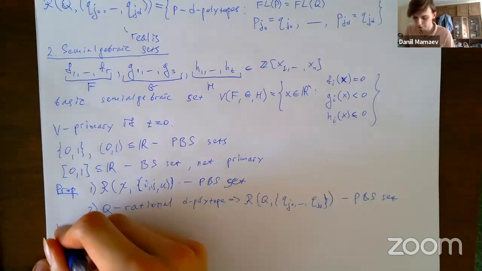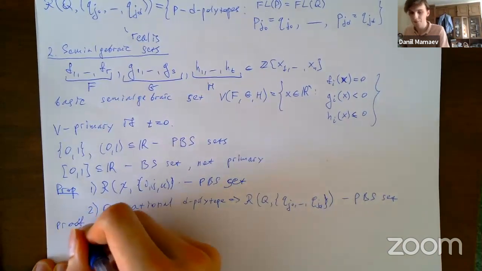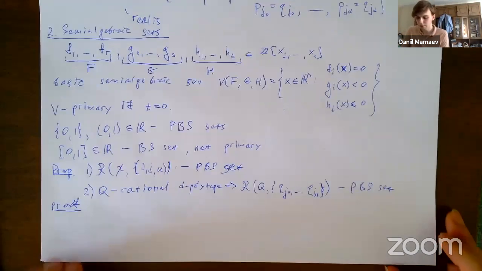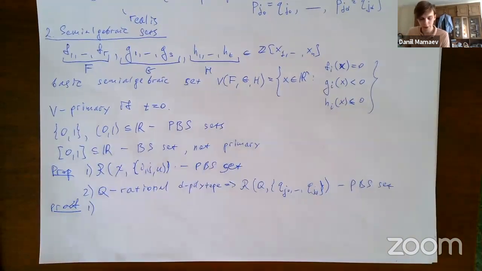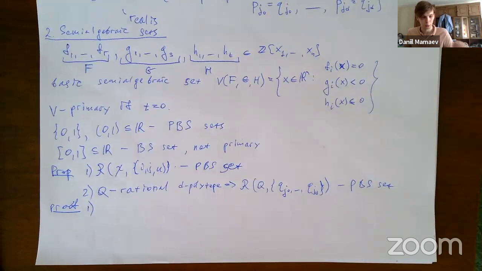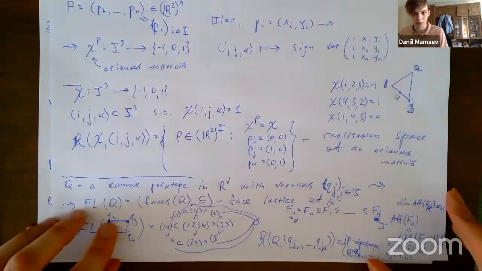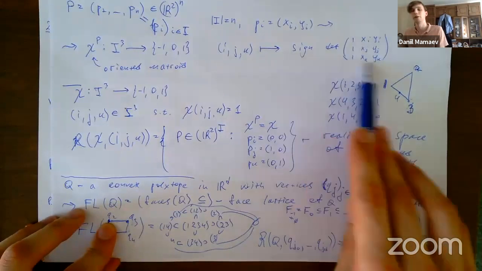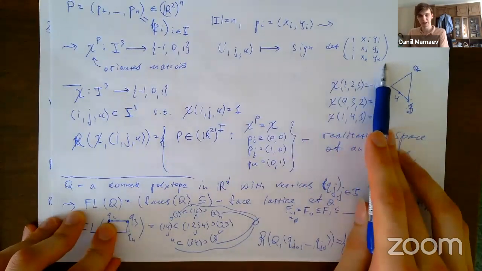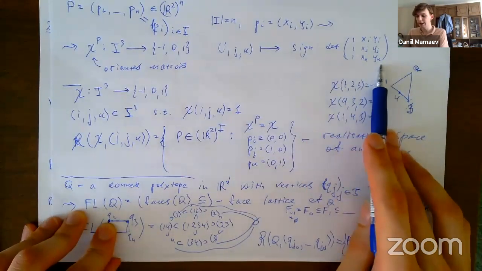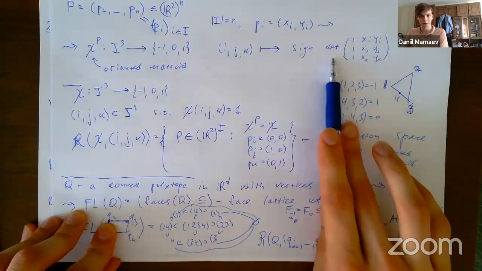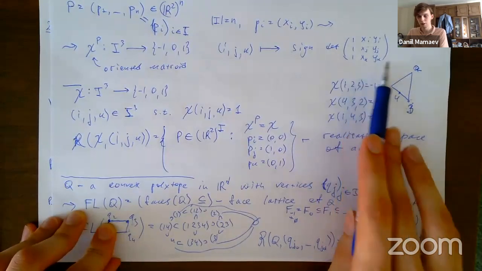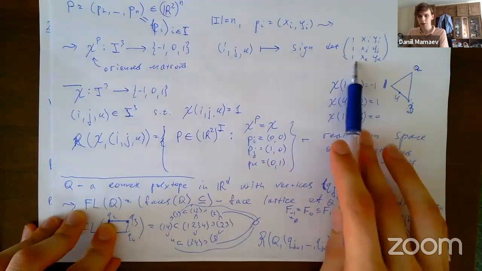Okay, let's prove it. For the first one, there is nothing to prove actually, because what was our definition of a realization space? We wanted the sign of some determinant to be fixed. So we just say that the determinant is either equal to 0 or greater than 0 or less than 0.